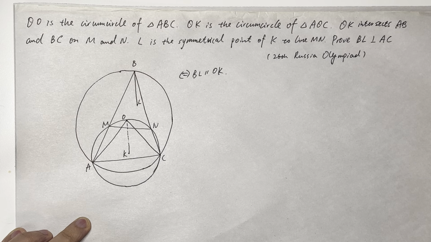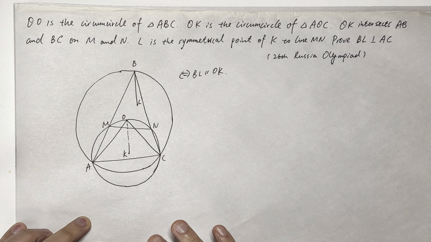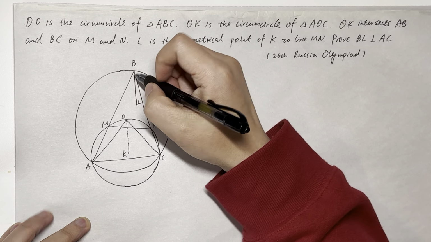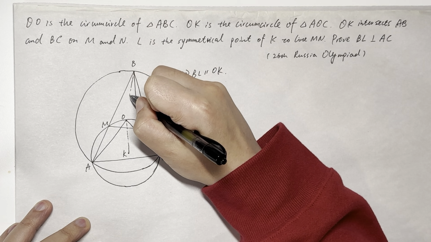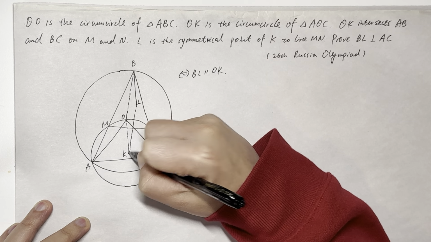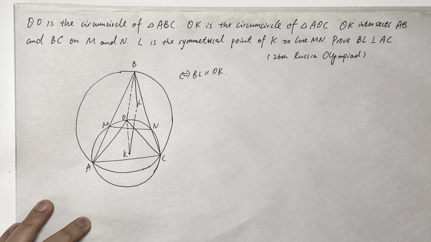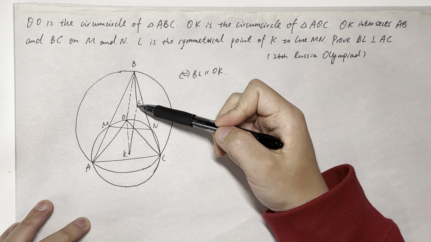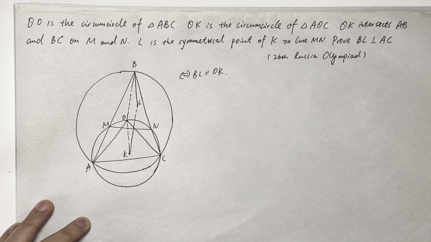And if you look at this figure, you have the feeling that if we connect OB and LK, it looks like a parallelogram. So if we can prove that BOKL is a parallelogram, then it's obvious that BL is parallel to OK.